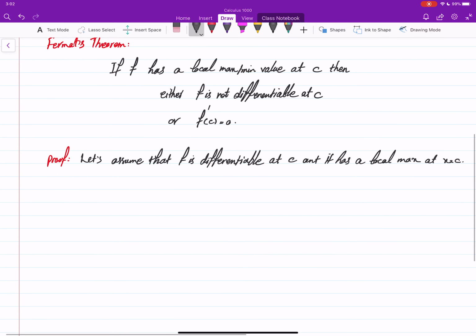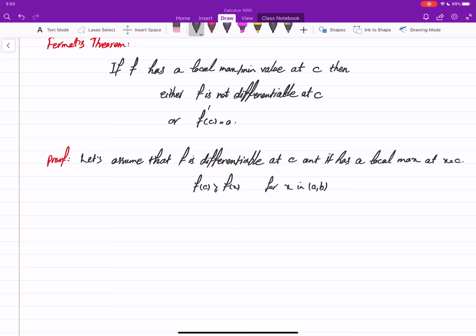Well, what does that mean? It means that there exists an interval such that f of c is bigger than or equal to the values of the function at any other point x of this interval, say the interval (a, b).